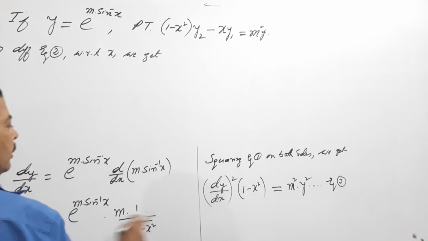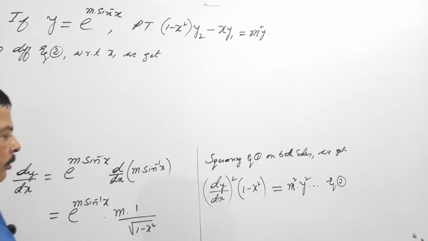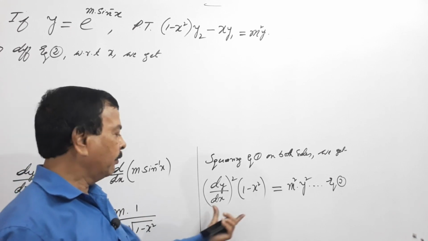What happens? Here we have to use product rule because we have two functions here.